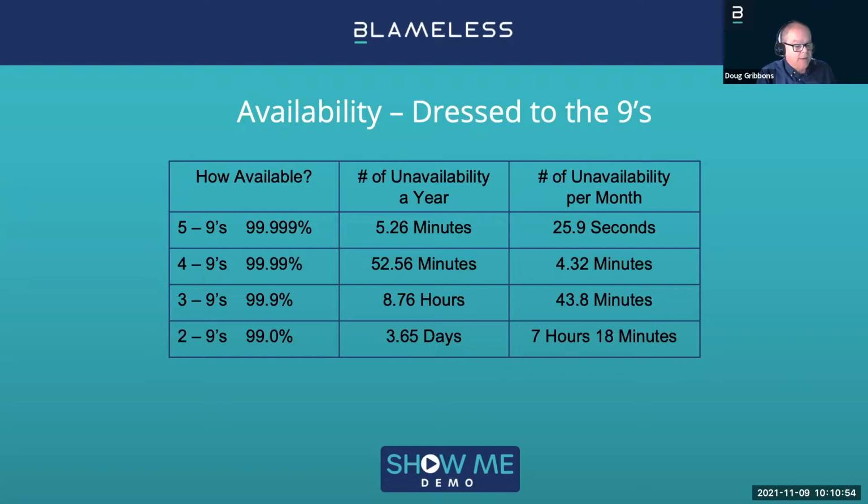And keep in mind that availability can be very expensive to maintain at this level. If you're shooting for five nines or four nines, you have 26 seconds or 4.5 minutes. That's very expensive. You're going to need a crew of people essentially on call 24 hours a day to reach that type of availability.